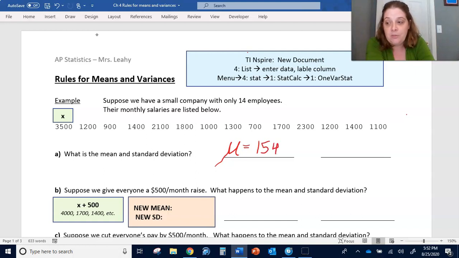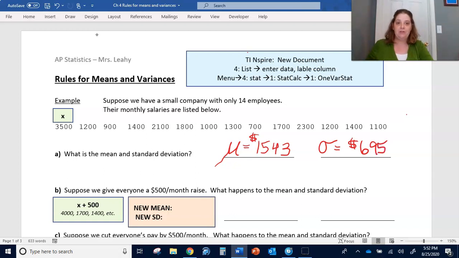So 1,543, that is my mean to the nearest dollar. And then my standard deviation, again, I'm using sigma because this was a population. To the nearest dollar here was 695. There we go, $695.